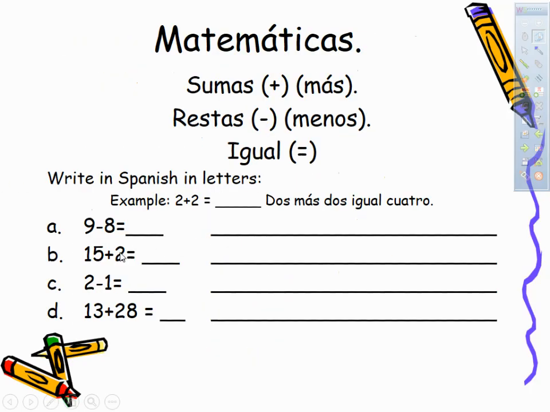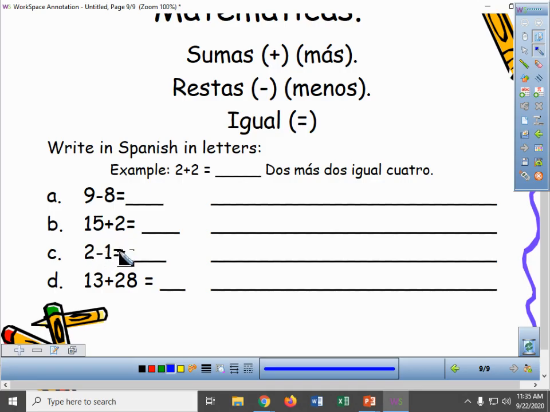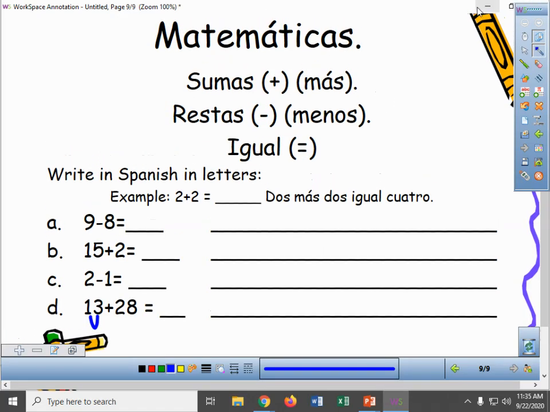Okay, so you're doing 9 menos 8, 15 más 2, 2 menos 1, 13 más 28. And just to remind you one more time about this, we're going to write it down.